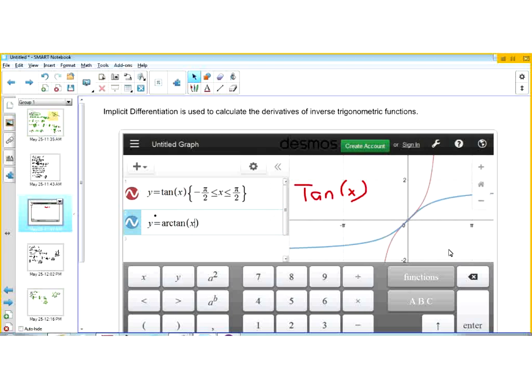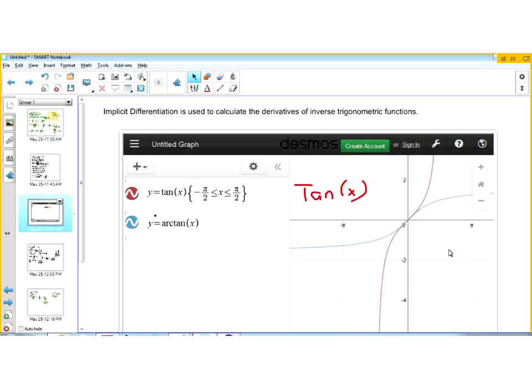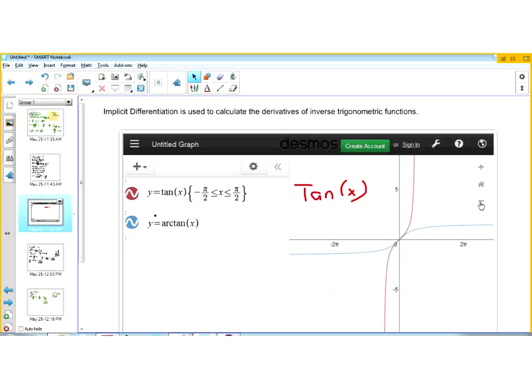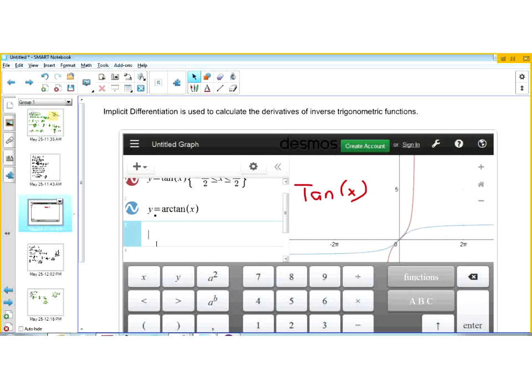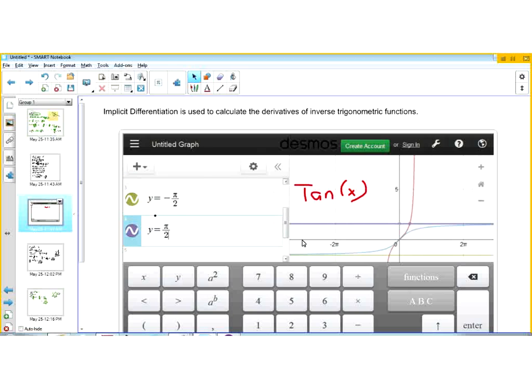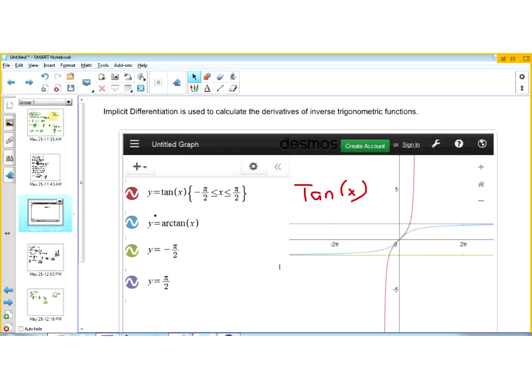Okay, shown in blue. So the arctan function is defined everywhere on the x-axis, and it's restricted by two horizontal asymptotes. The first one being y equals negative pi over 2, and the second one being y equals pi over 2. Okay, so you can see from this graph, the blue curve is y equals arctan x, and it has two horizontal asymptotes. So that's the construction we'll use for arctan.